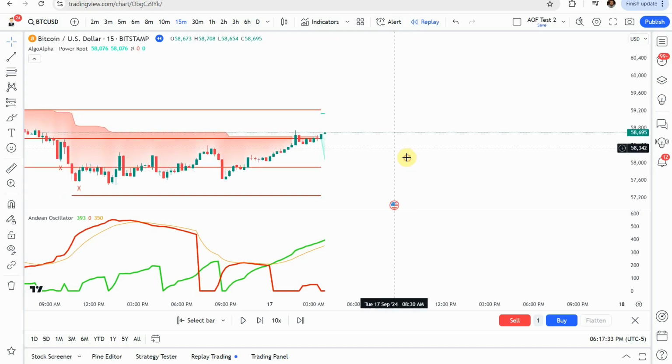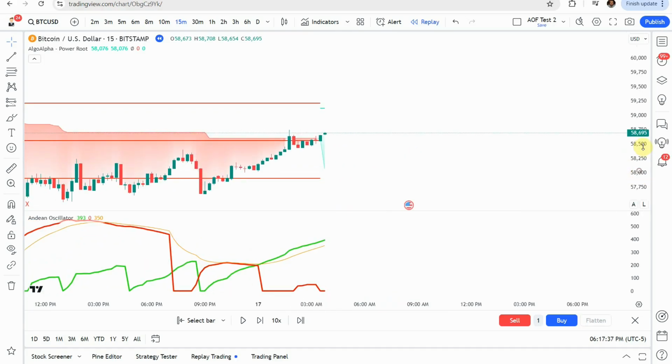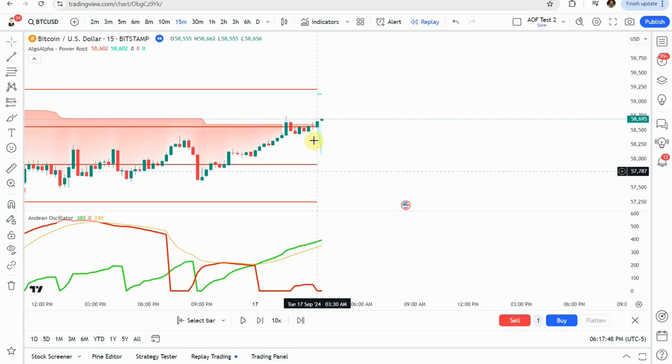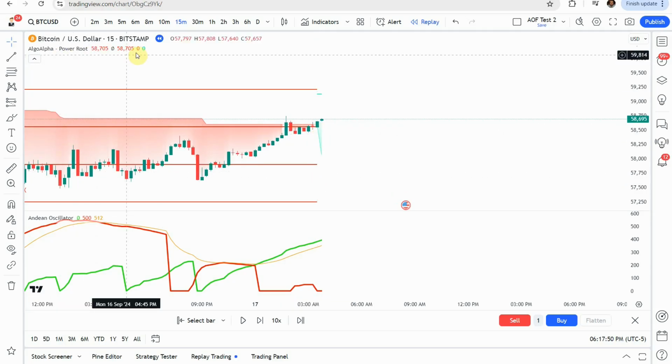But what we're looking at is we are looking for just the traditional trend color shift from the super trend. And so you can see right here that it is red, and then it starts to switch to this greenish background right here. And what I did was I looked at these numbers right here above my cursor.